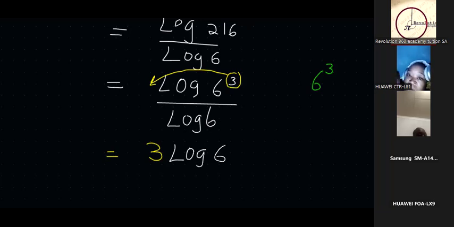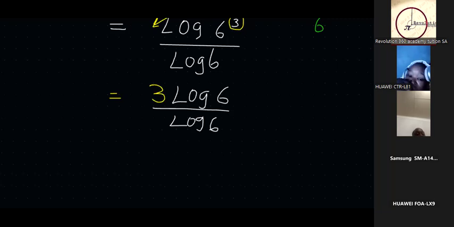Yes. And then your final answer, you can see that that is going to be 3. You know why the answer is 3? Log 6 cancels log 6. And then you are left with 3.